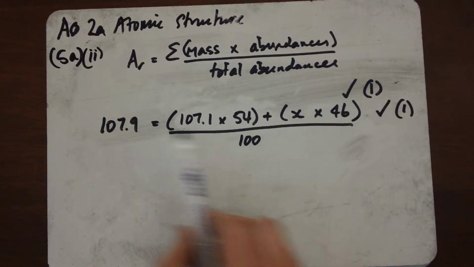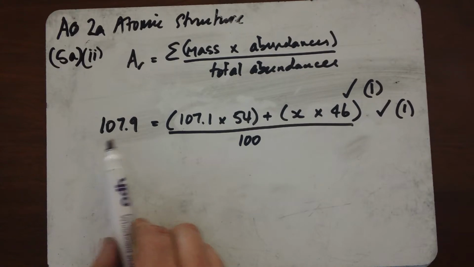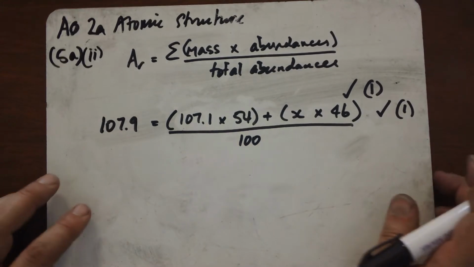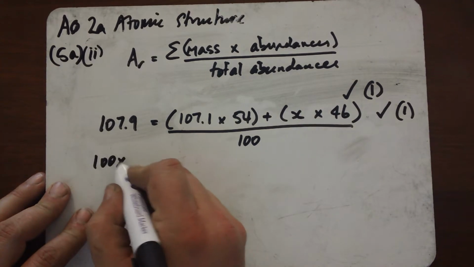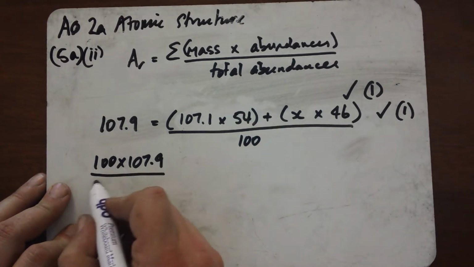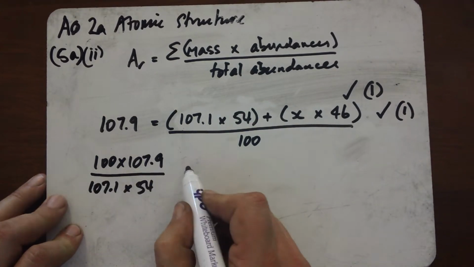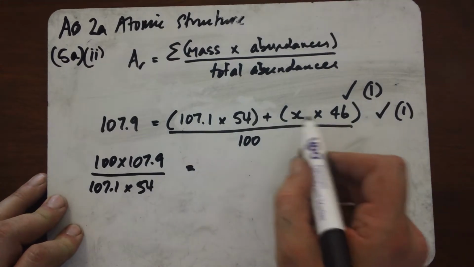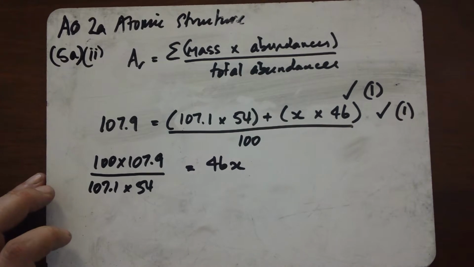So instead of divide by 100 we times by 100, and we can move this down here, and what we end up with is 100 times 107.9, minus 107.1 times 54, is going to be equal to x times 46, which is also 46x.